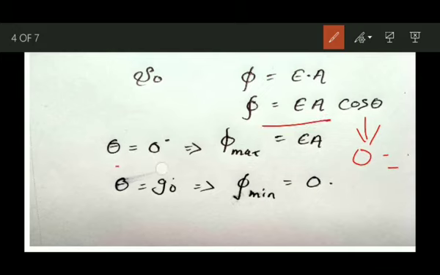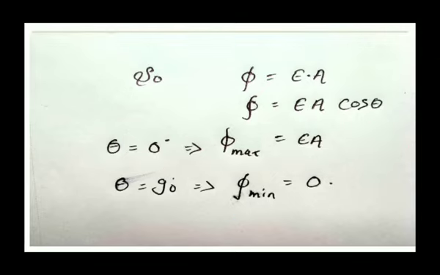When we substitute theta is equal to 0, electric flux is maximum. When we substitute theta is equal to 90 degrees, electric flux is minimum. This equation is for a planar surface.